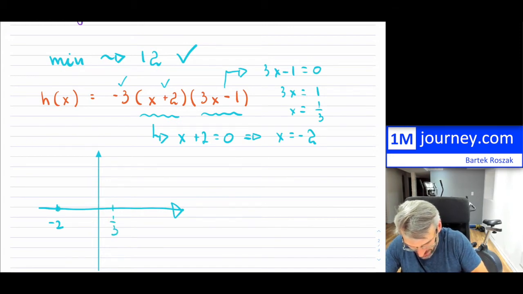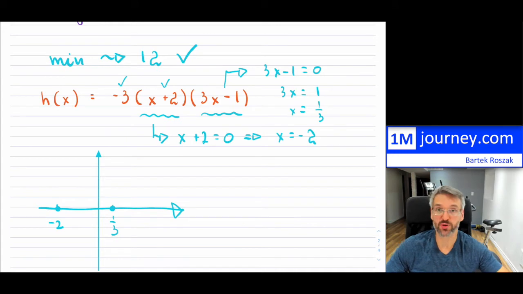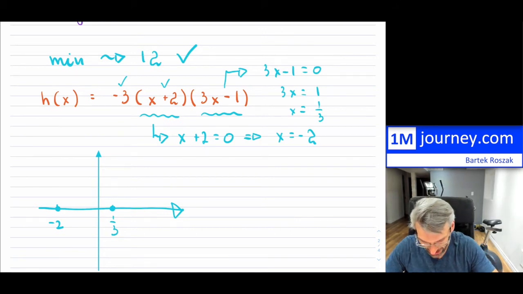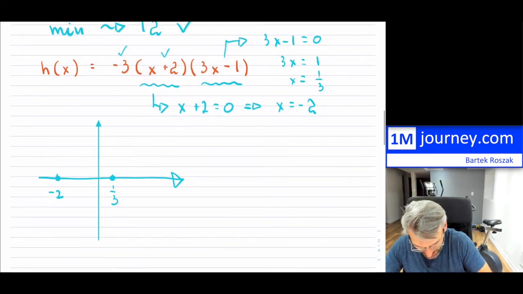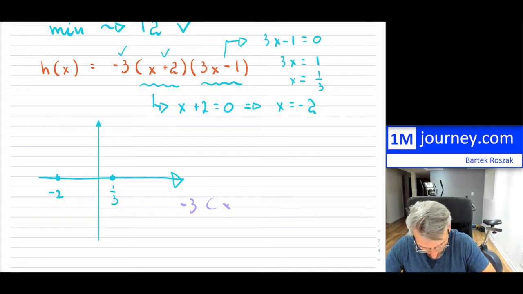Now, which way does it open? I can actually tell and see what that is. I have to be a little careful within my factors. Now I can expand this out. So let me expand it. It's going to give me -3. I'm just expanding that whole thing out, we do it in fast forward fashion.